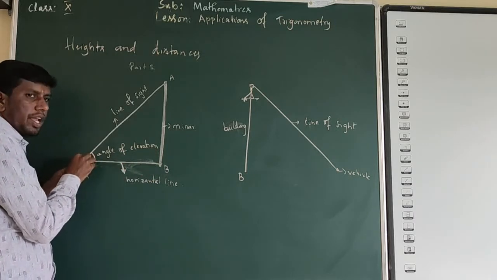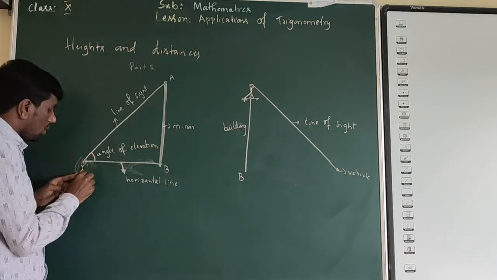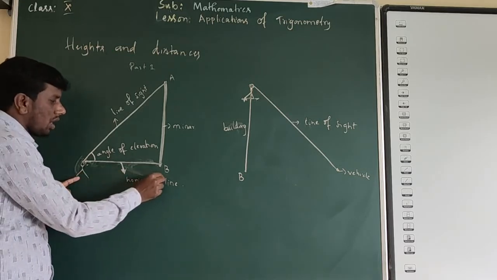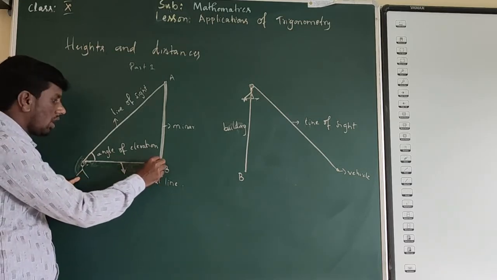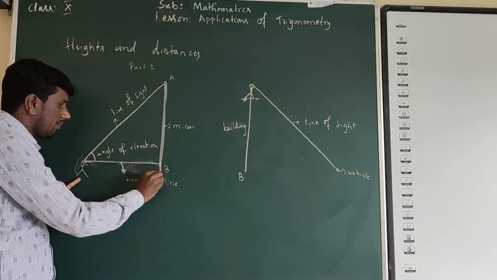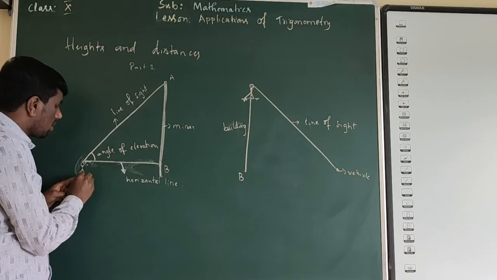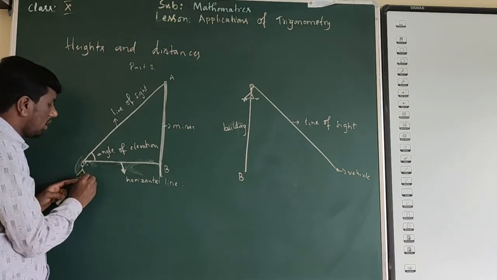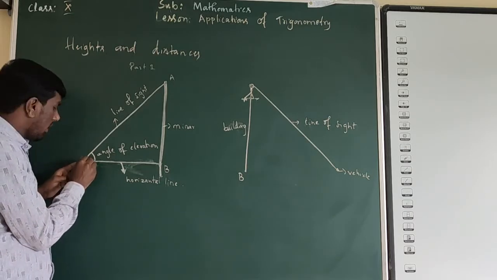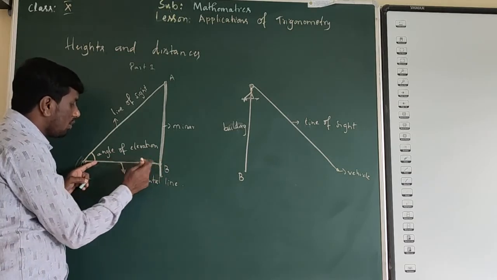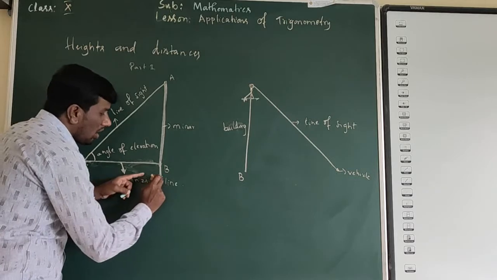This is your eye, right? So you are standing on the ground, right? This is the building, the foot of the building. So this is the ground where you are standing. The horizontal line is a line drawn from your eye which is parallel to the ground.